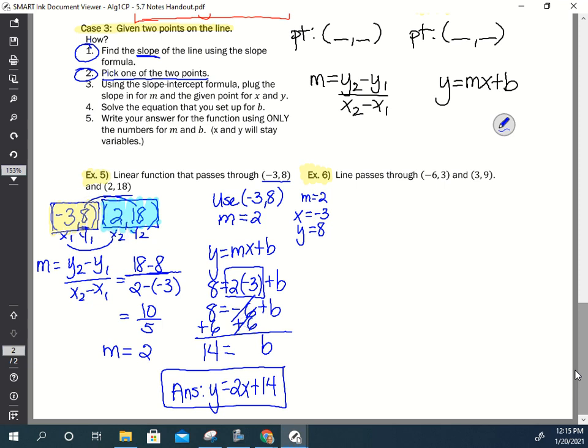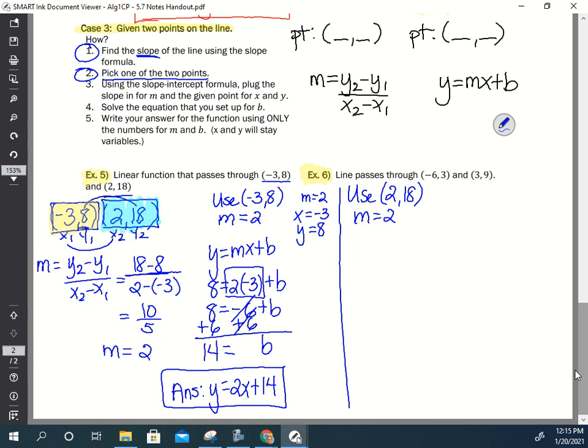Now, like I said, I'm going to solve it again to prove to you that it works. You don't have to write this down if you don't want to.